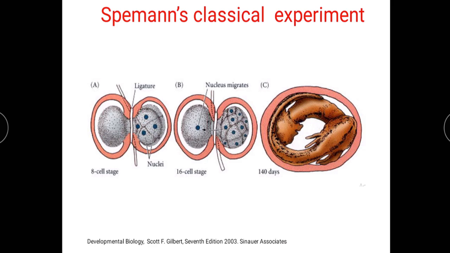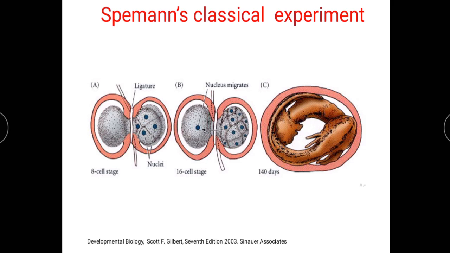Eventually after some cleavage divisions, at nearly the 16 cell stage, a single nucleus migrated or simply escaped from this lasso or constriction, and it migrated into the other half.